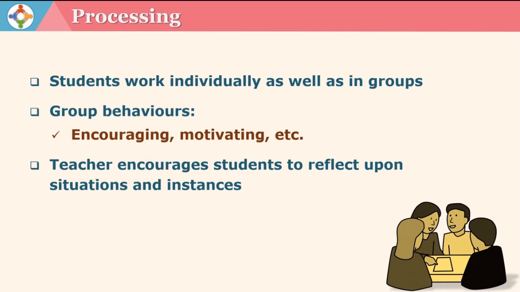The task of the teacher is to see the group processing. The teacher encourages students to reflect upon situations and instances so that they can self-analyze and self-assess their performance, compare their performance with other groups, and see how much they have developed, how much they have gained, and how many social skills they have acquired.